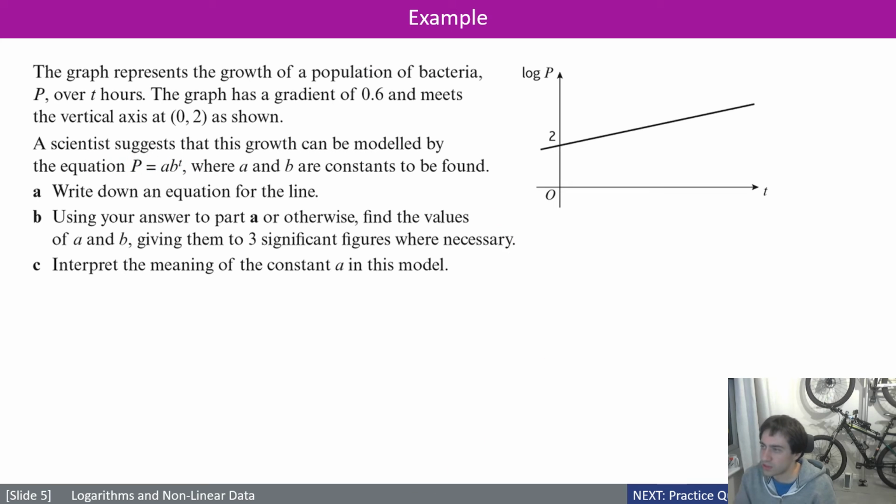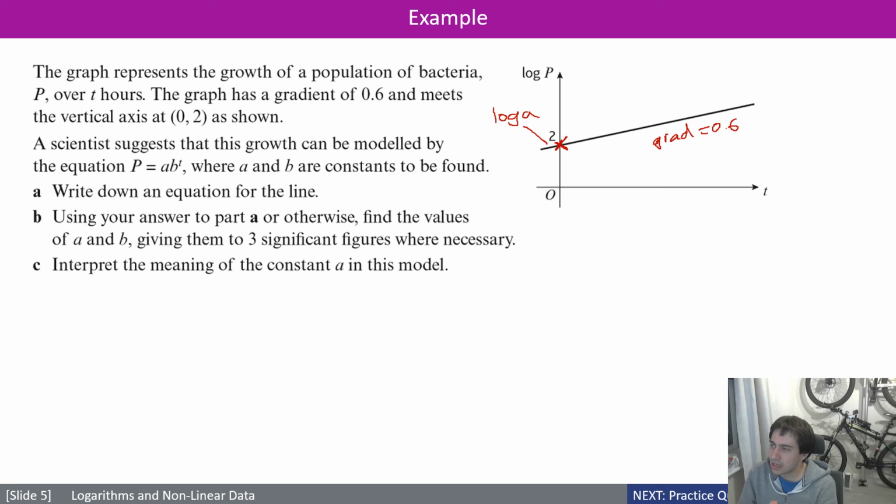And now let's use the information from this graph to deduce the equation for the line. So to do this, again, we refer back to the previous slide where we saw how we line up the line with the model. And the intercept, we note that this is log of little a. Okay, and then there's more information here. It has a gradient of 0.6. And again, referring back to the previous slide, what did we know about the gradient?